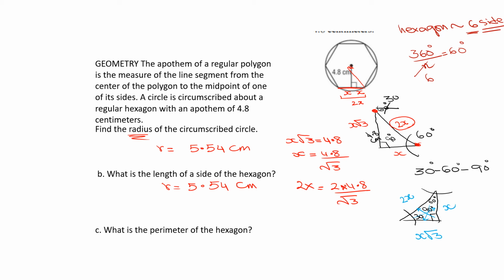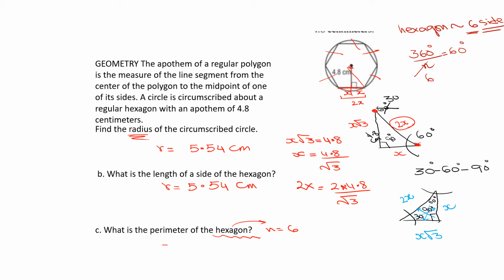Now they are asking what is the perimeter of the hexagon. I know that the total number of sides of the hexagon is 6. This side is 5.54, this is 5.54, and all sides are 5.54, because in a regular polygon all the sides are equal.